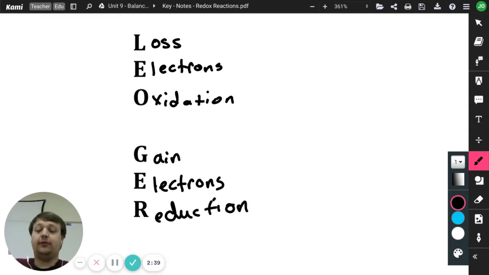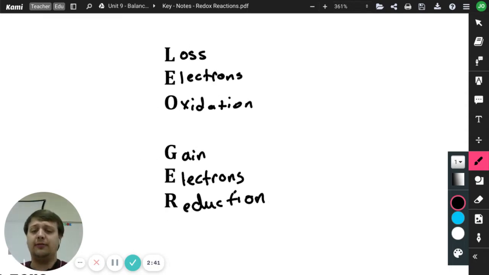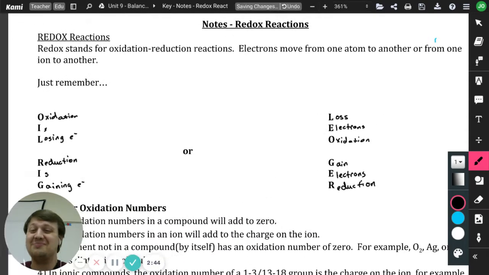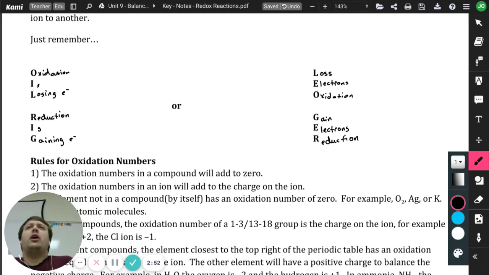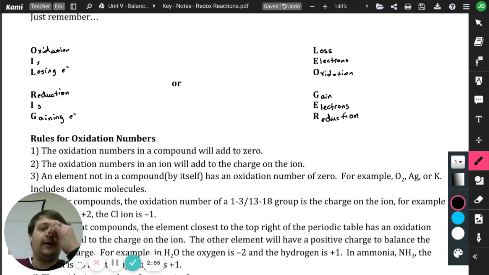But again, they're basically just the same thing, just saying it in a little bit different way. Whatever relates to you the most, choose that as a way to remember what the difference between oxidation and reduction actually is.